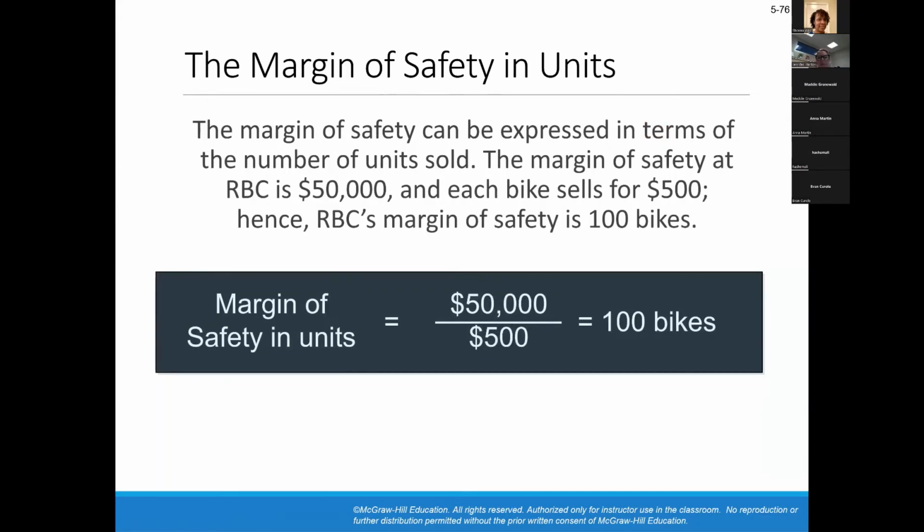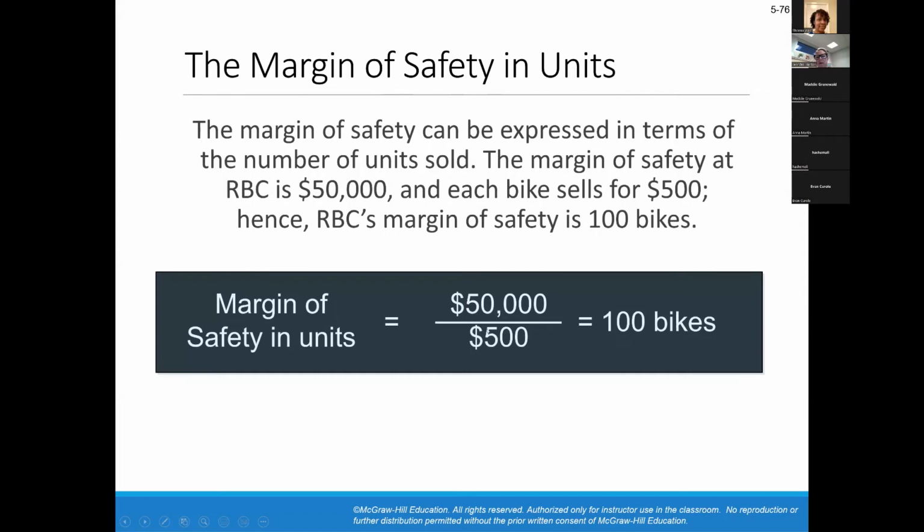And then we have units. So it says it can be expressed in terms of units. So the margin of safety at 50,000, that's the difference in the sales, remember? And each bike sells for 500. So the margin of safety would be 100 bikes. So all we're looking at is the difference between that break-even point and the new sale amount with the new units, which was 500. So we have the difference of 50,000.